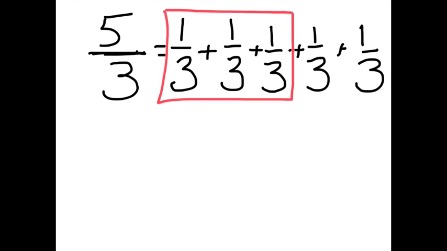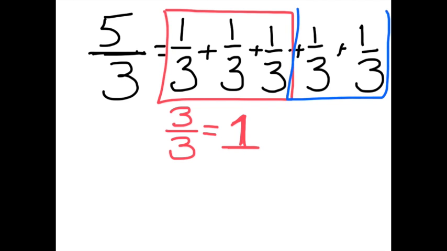Well, that's really 3/3. Okay? Well, 3/3, that's the same thing as 1. Interesting. And now we're left with these 2 1/3s, or 2/3 left over if we were to add them.